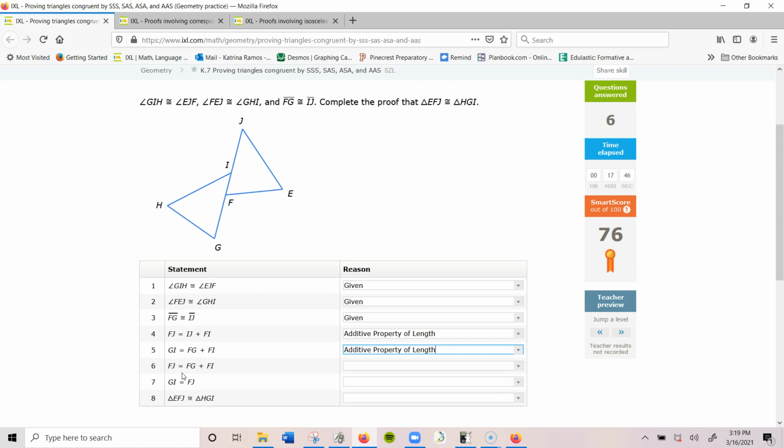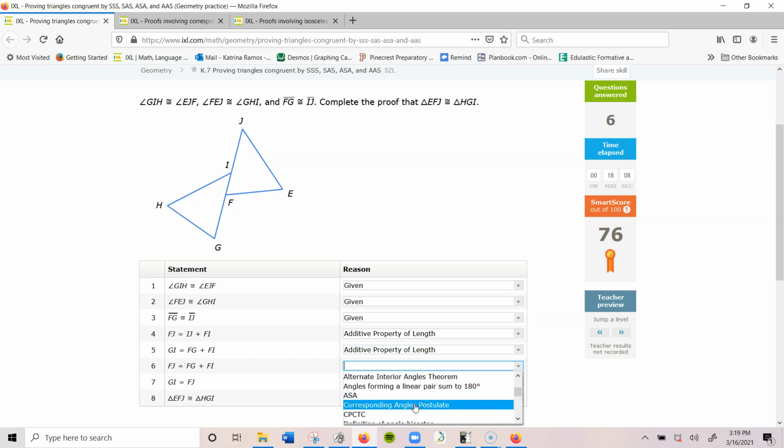We have FJ is equal to FG plus FI, and the reason for that is we are told that FG is congruent to IJ. In our original FJ statement, it says IJ plus FI, and now it's FG plus FI, and that's because they substituted the IJ with FG.